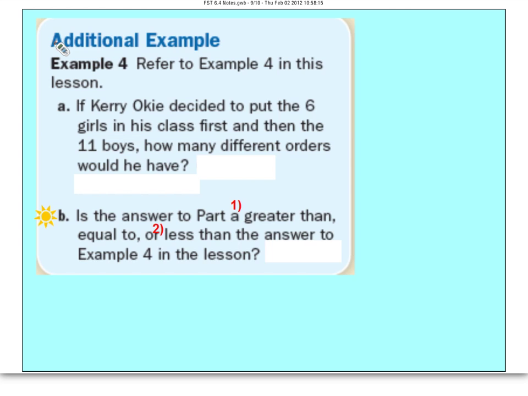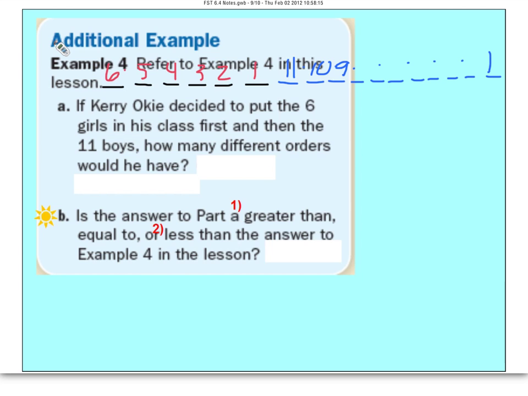The spaces would say there's 6 girls, and then we'd have 11 boys. If there's exactly 6 girls, this would be 6, 5, 4, 3, 2, 1. And then for the boys to fill them in, that'd be 11, 10, 9, all the way down to 1.